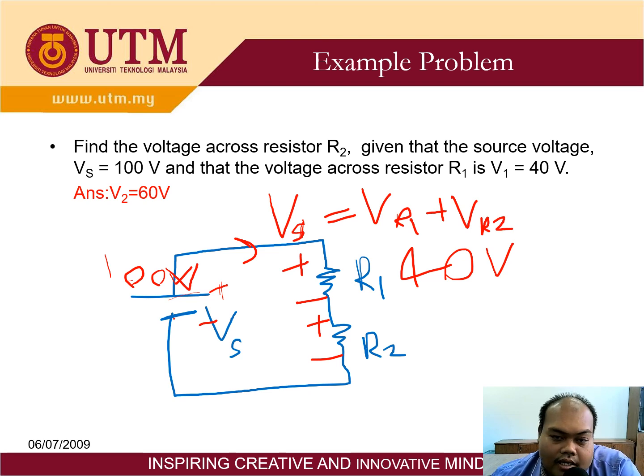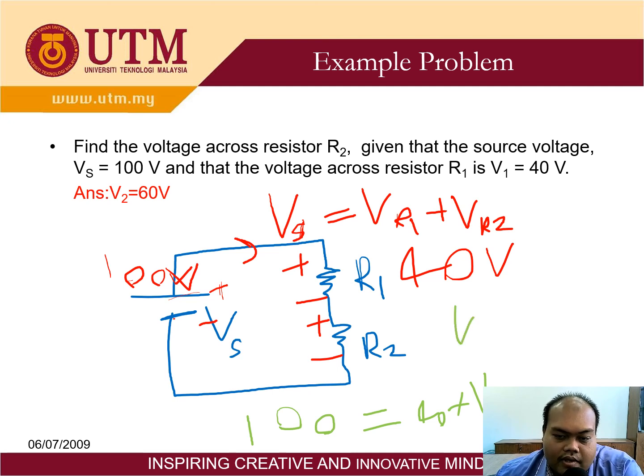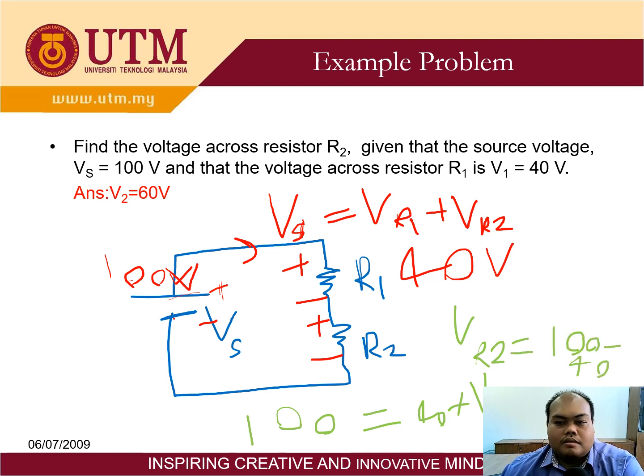If you insert the values, 100 equals 40 plus VR2. So VR2 equals 100 minus 40. So you get the answer: it is 60 volt. Don't forget the unit.